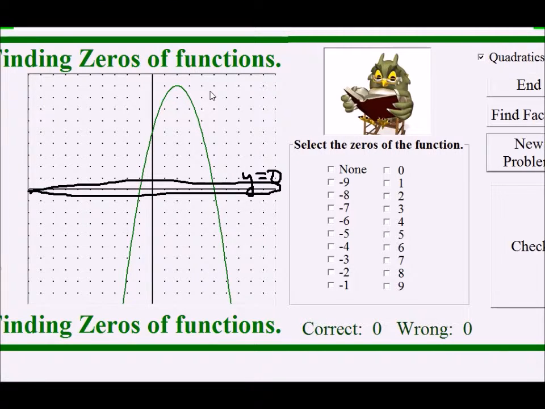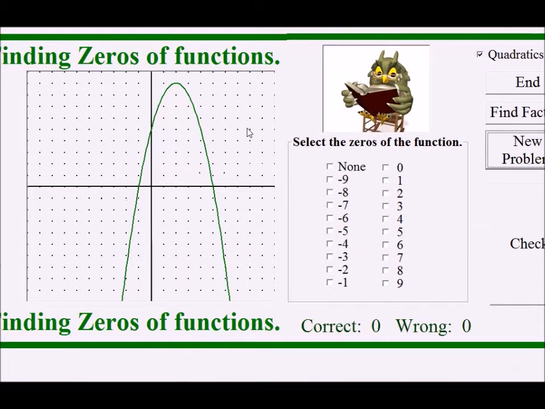If you have y equals some ax squared plus bx plus c, that gives you a quadratic equation, and you just take out the y and put a 0 in there, you get this slice right here on the x-axis. Where this quadratic cuts across the x-axis is the solution to the equation that has a 0 on it. So let's see if we can pick those out.